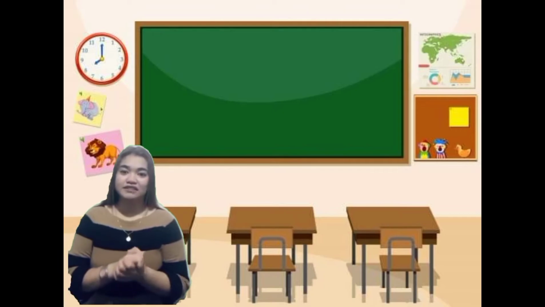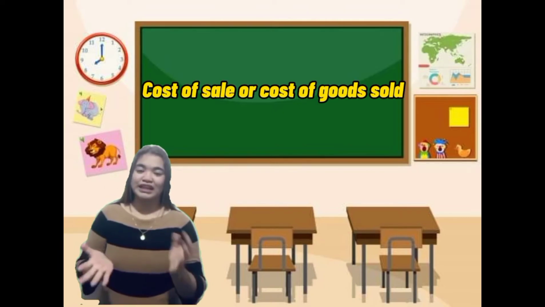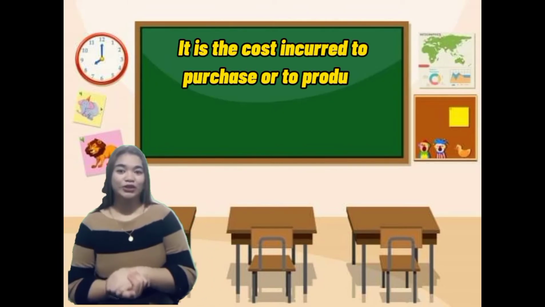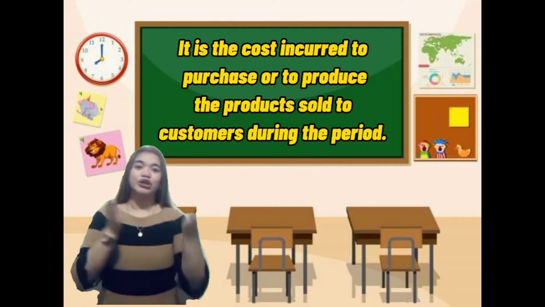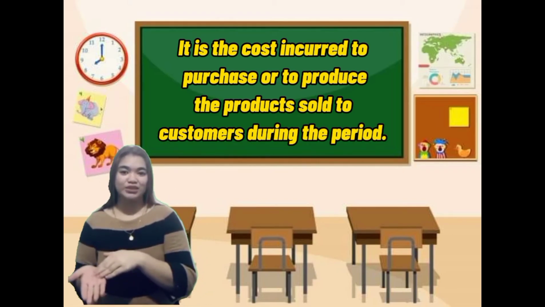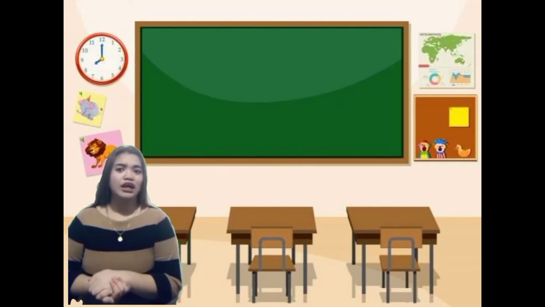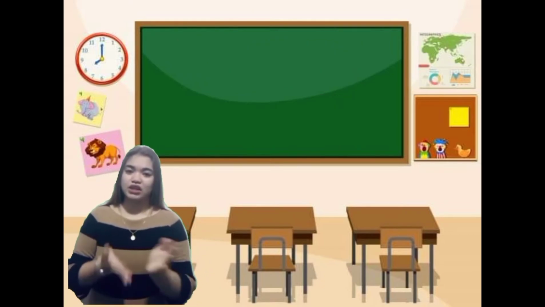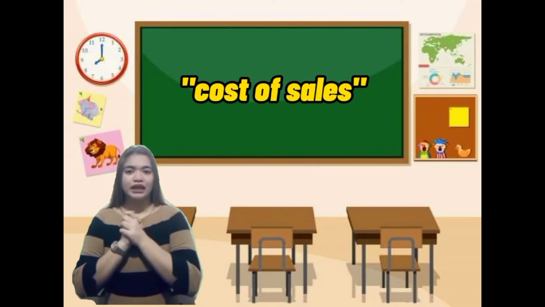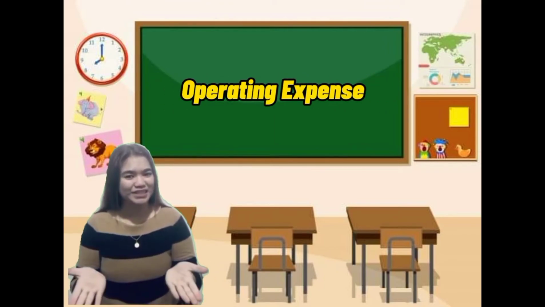Next is cost of sale or cost of goods sold. It is the cost incurred to purchase or to produce the products sold to customers during the period. Cost of goods sold is also referred to as cost of sale. Lastly, operating expense.